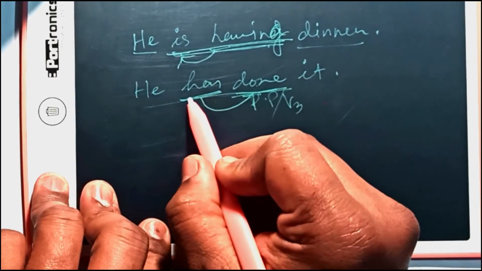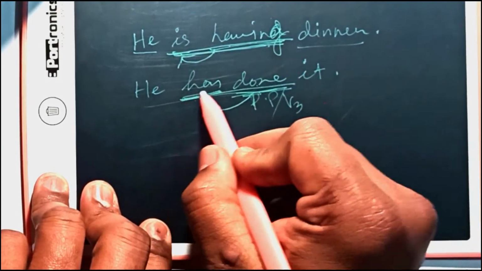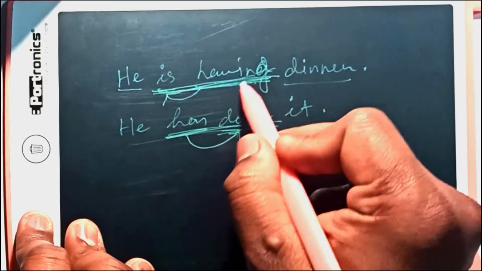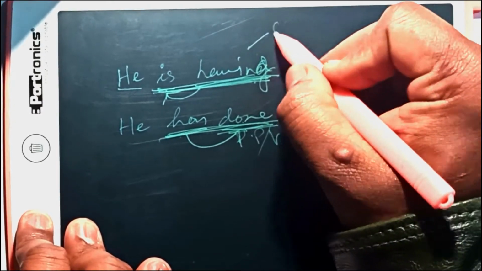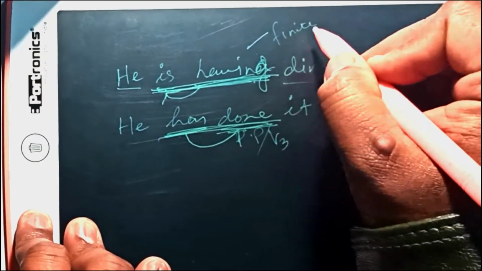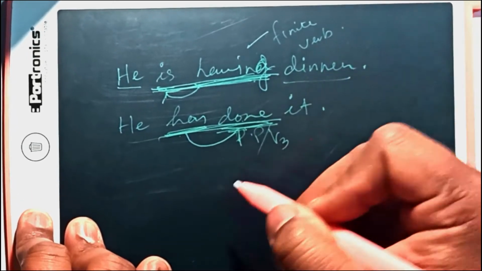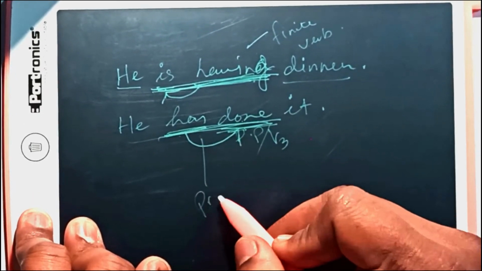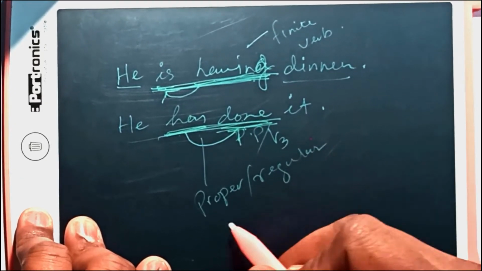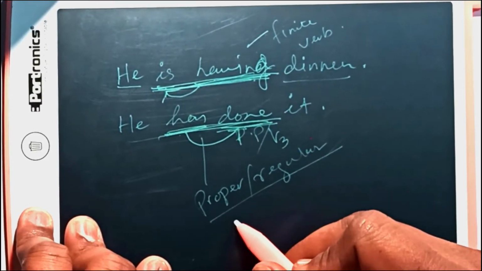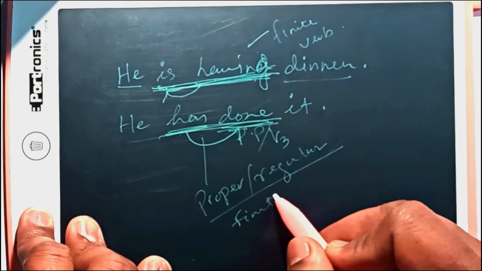So we have to understand this is our regular tense. This regular tense means it is our proper tense, and so we will call it a finite verb. Proper or regular tense, so we will call it a finite verb.